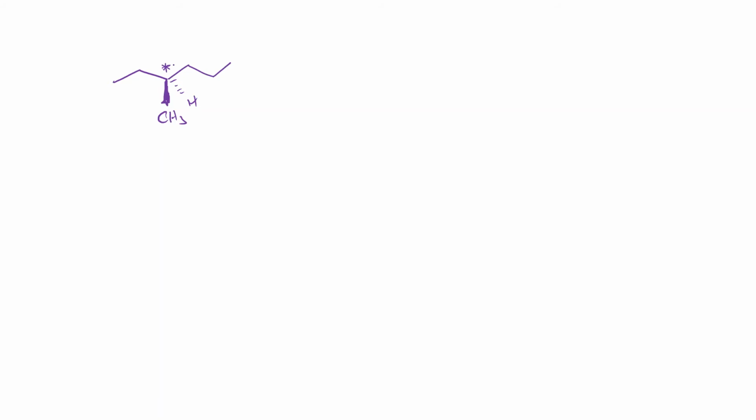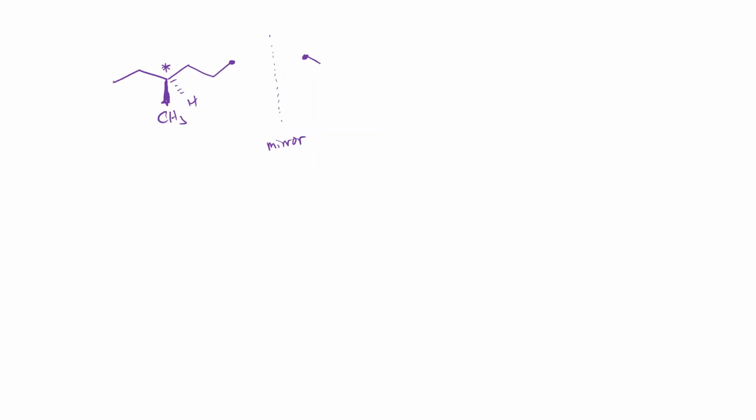It's an sp3 carbon. It's got 4 different groups attached to it. If we draw the mirror image, so pretend that this is a mirror, right? If we draw the reflection of this molecule through that mirror, this CH3 group right here is the closest one to the mirror. So on the other side, that would reflect here.